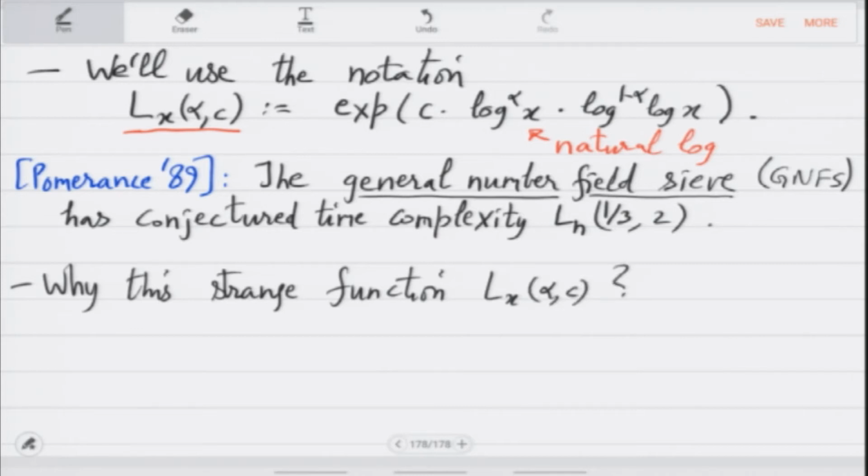And the reason for this is actually quite interesting and a very important topic. It's the topic of smooth numbers.